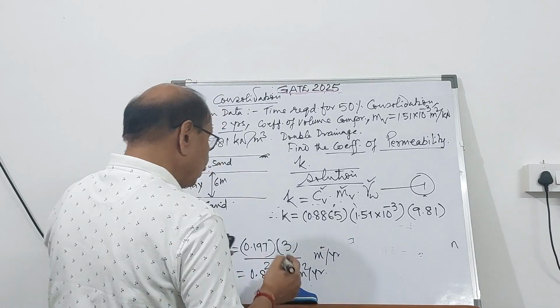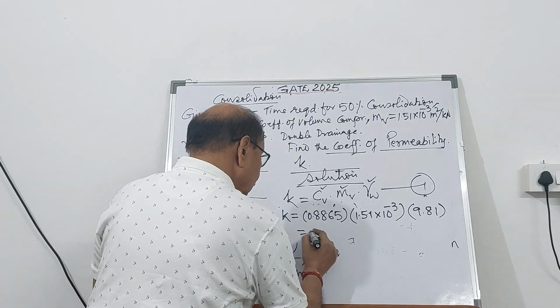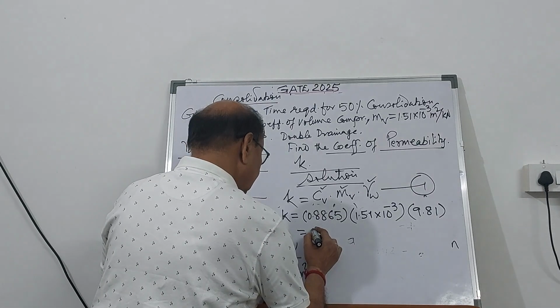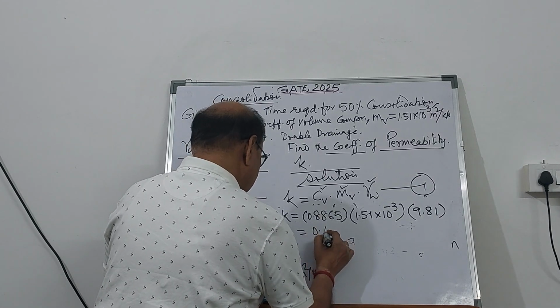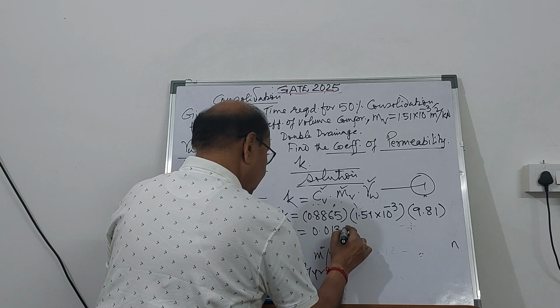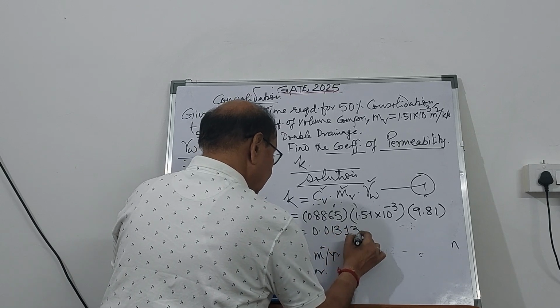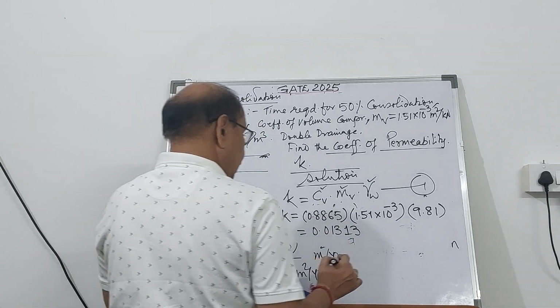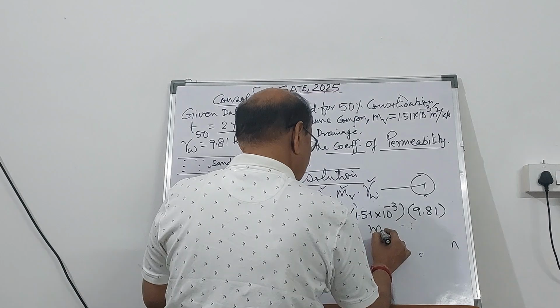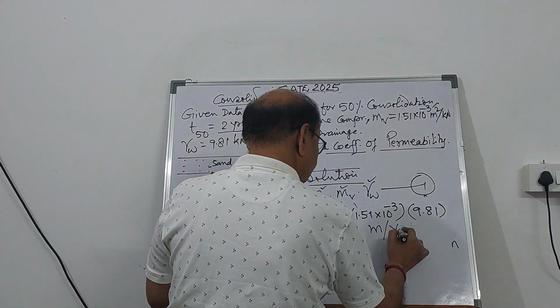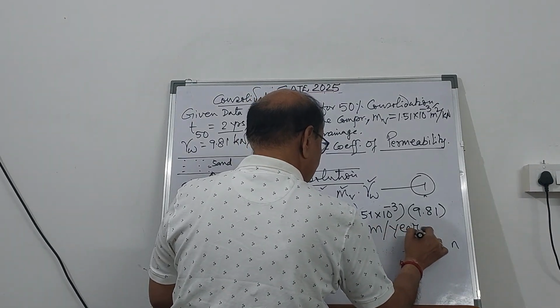So this is going to be the K value: 0.01313 meter per year.